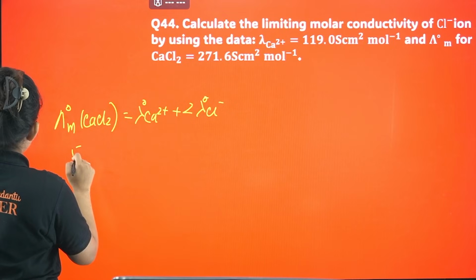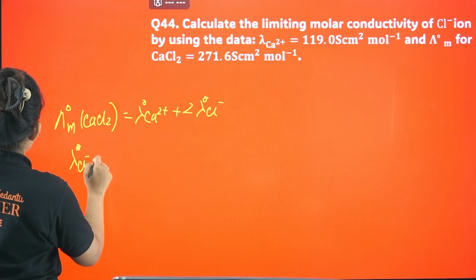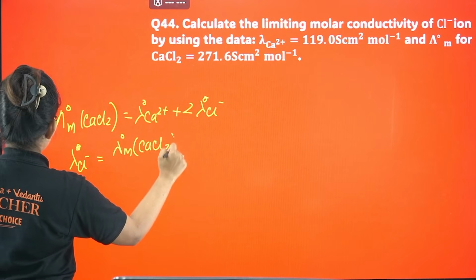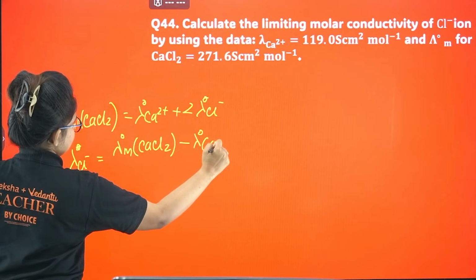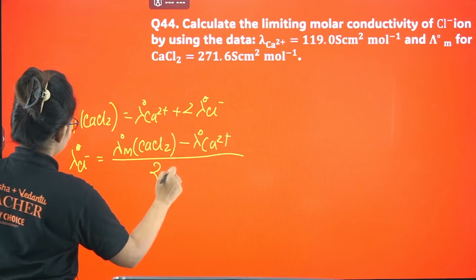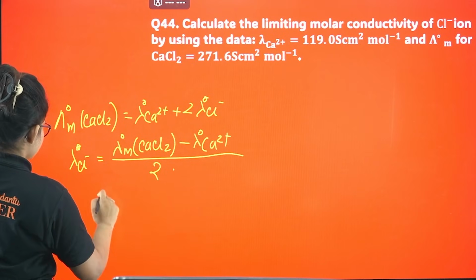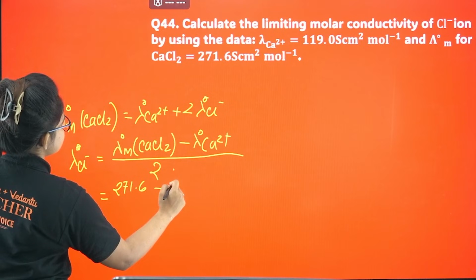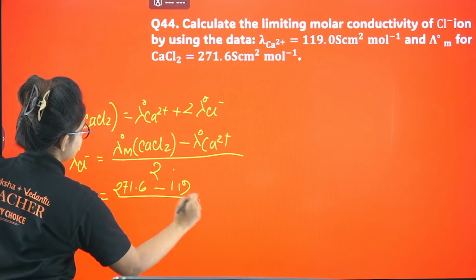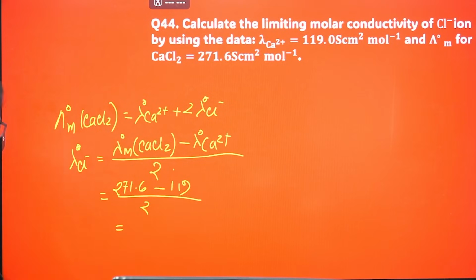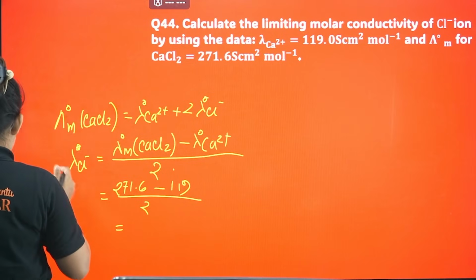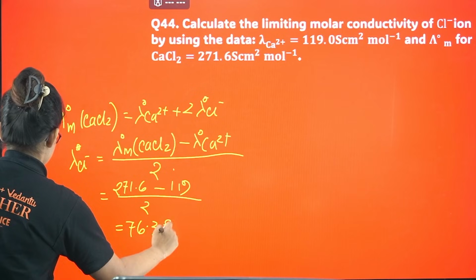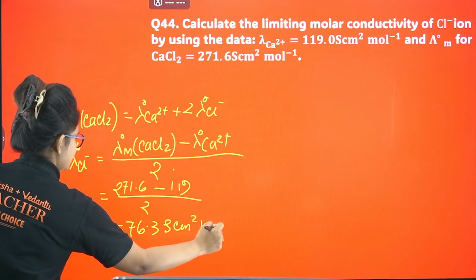For this case, lambda 0 of Cl- is going to be lambda m0 of CaCl2 minus lambda 0 of Ca2+ divided by 2. So just put the value: 271.6 minus 119 divided by 2. Your answer is going to be something like 76.3 Siemens centimeter square mole inverse.